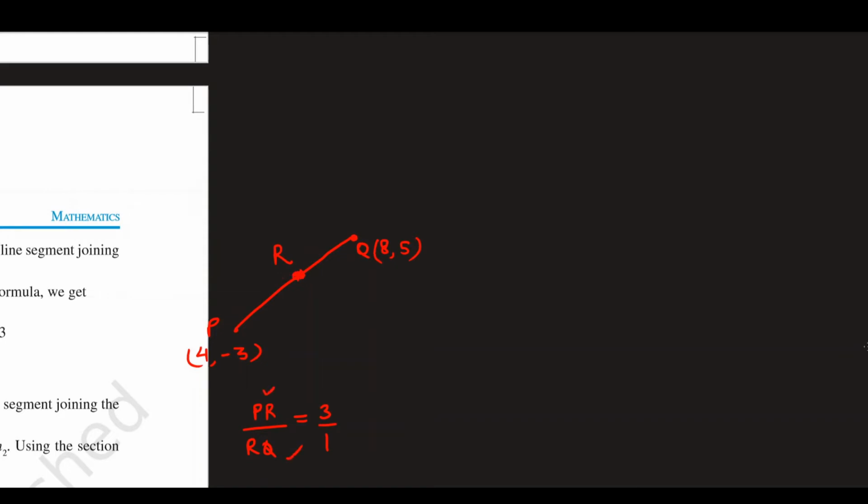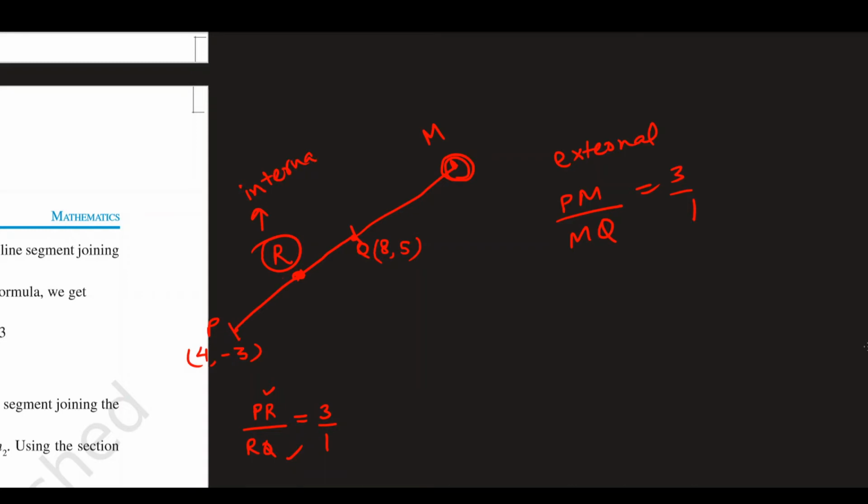There may also be a point M here such that PM upon MQ is 3:1, but this M lies outside of PQ. Hence it is an external section, and R is an internal section.